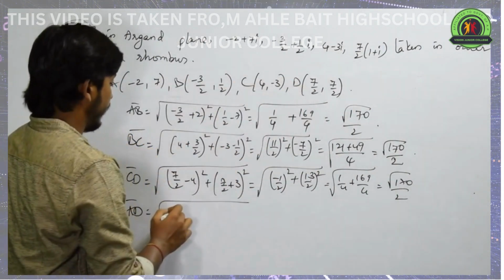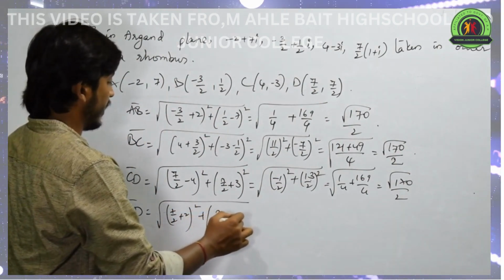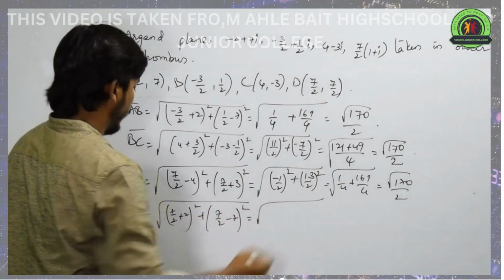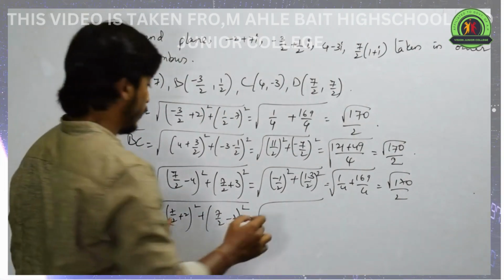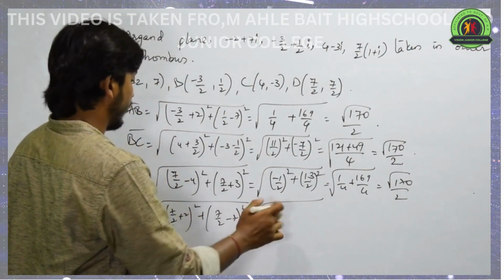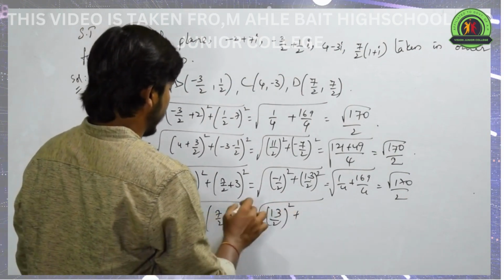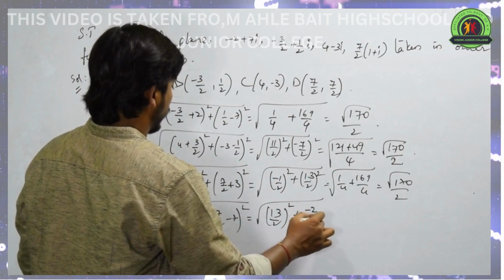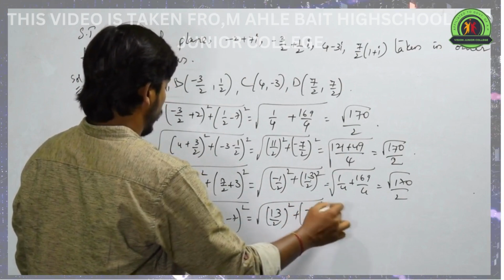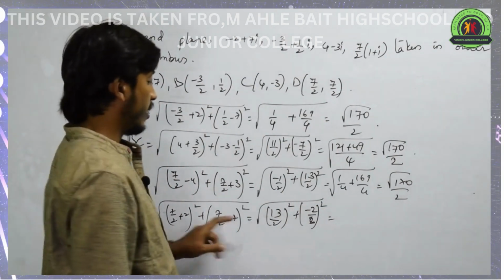AD: 7 by 2 plus 2 whole square plus 7 by 2 minus 7 whole square. What do we get? 7 by 2 plus 4, that is 7 plus 4 is 13 by 2 whole square plus again 7 minus 9, that is minus 2 by 2 whole square. Clear? 7 minus 7 2s are 14.